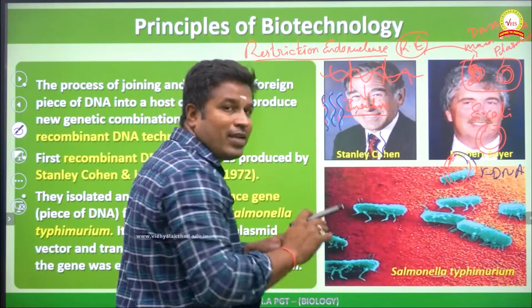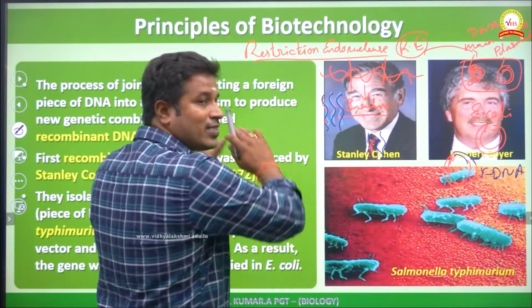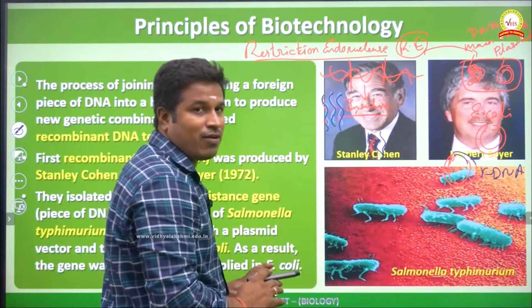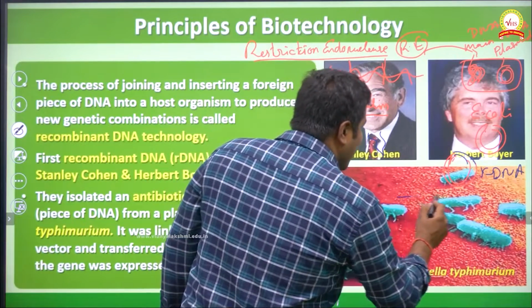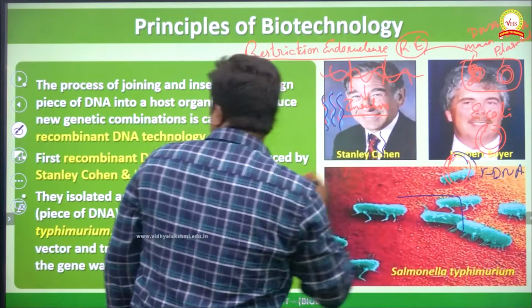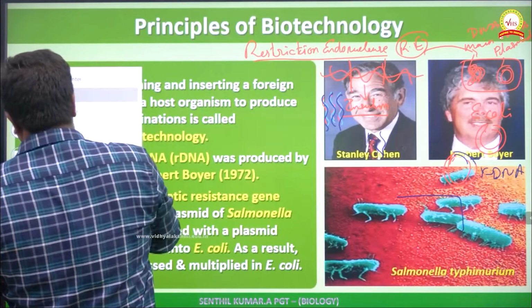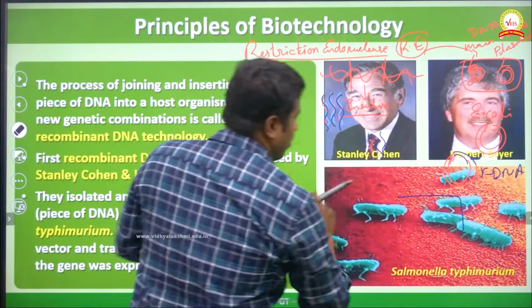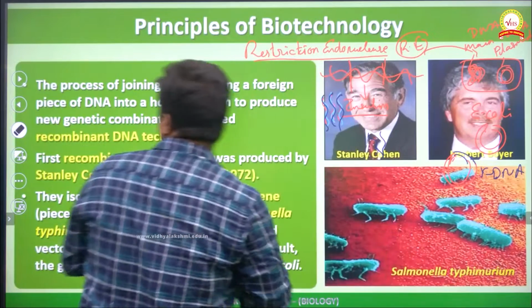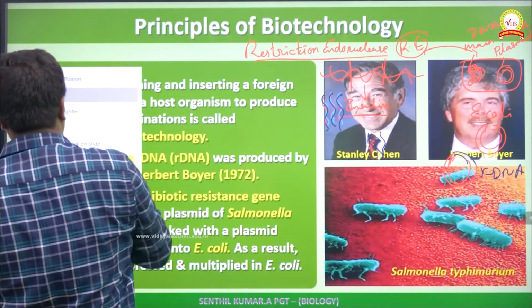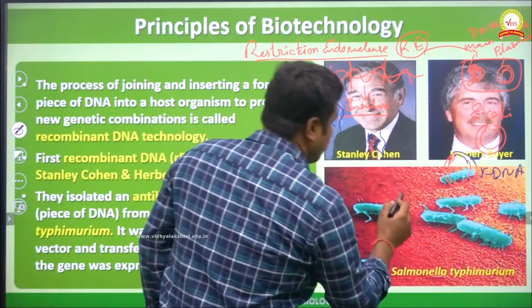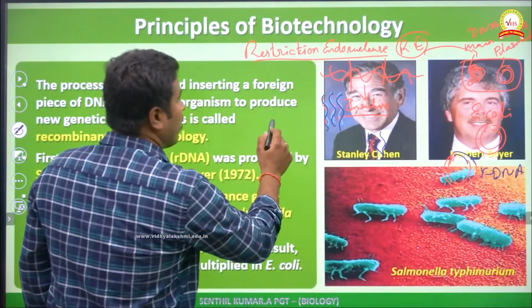That is what, in a simplified manner, I am explaining for understanding whatever content we have discussed here. Now it became a recombinant DNA. We are inserting it back into the same kind of host. So here I will draw.